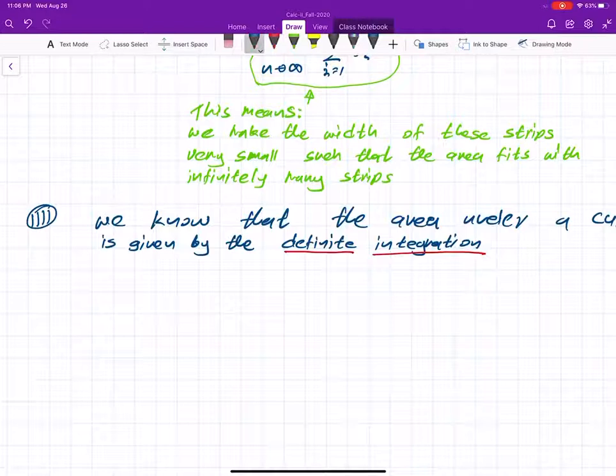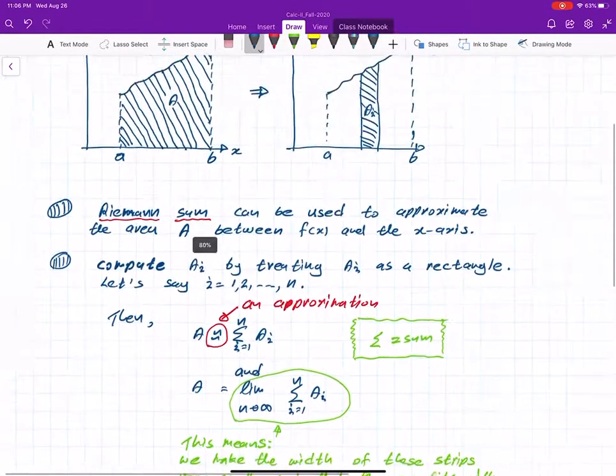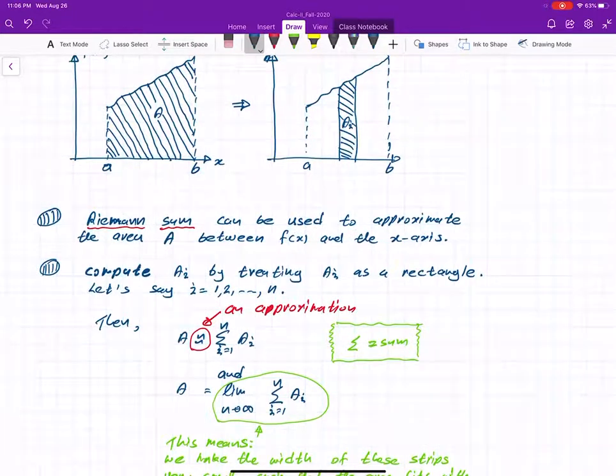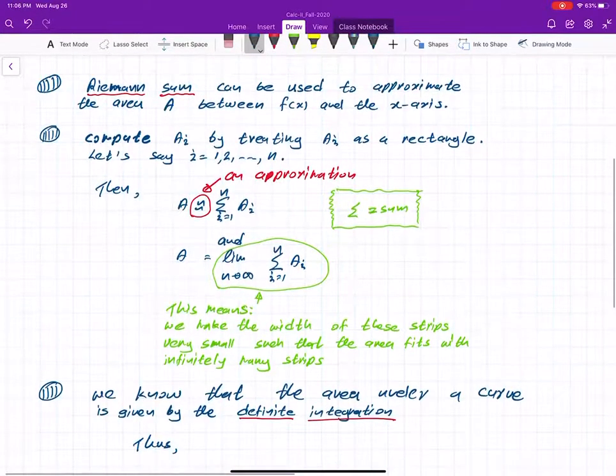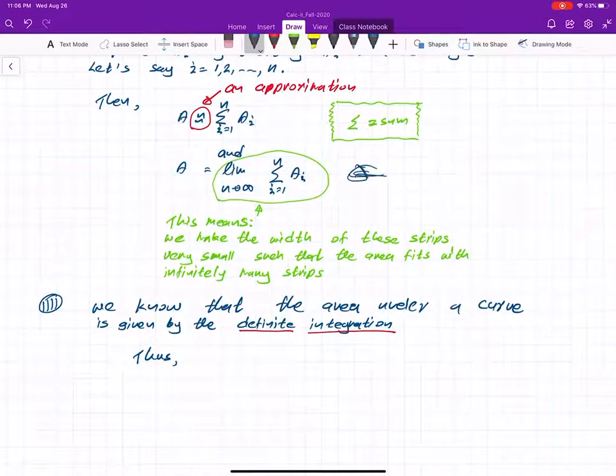That means the area under this curve, which is A, you know that already. You know that A already, that's given in this equation.